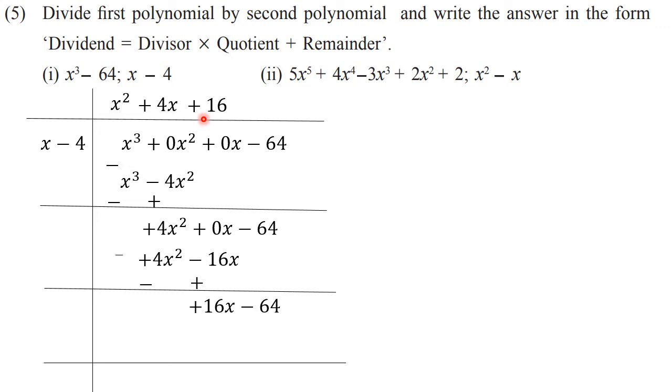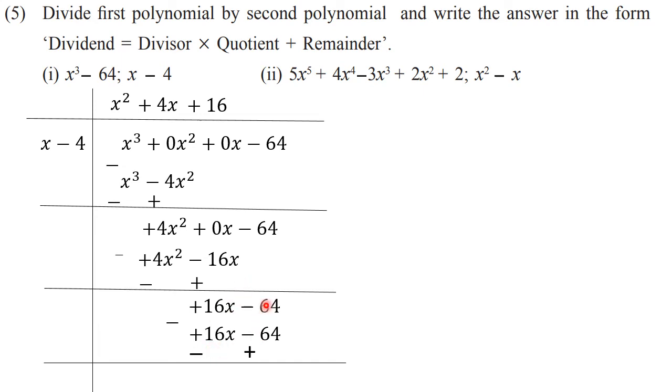Let us again multiply this plus 16 by x minus 4. So 16 into x is 16x and 16 into minus 4 is minus 64, that we are going to write here. We are subtracting. So again we have to change the signs. So plus will become minus and minus will become plus. So plus 16x and minus 16x, this will get cancelled.